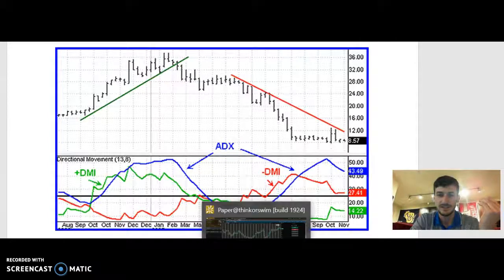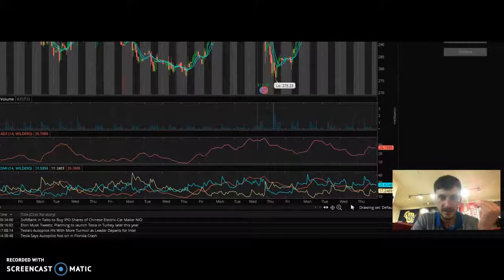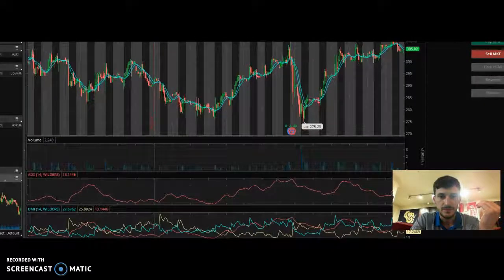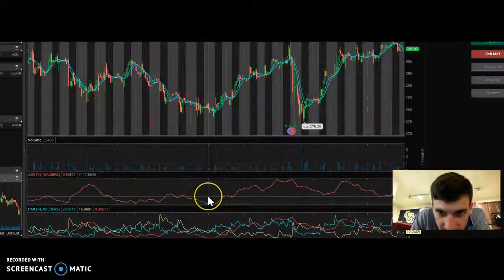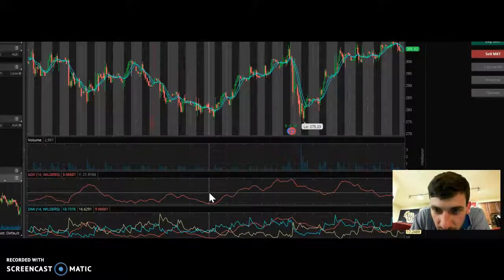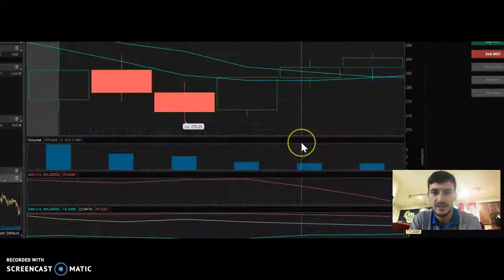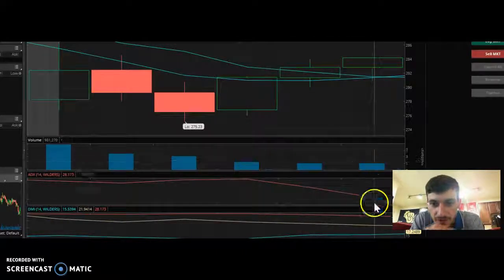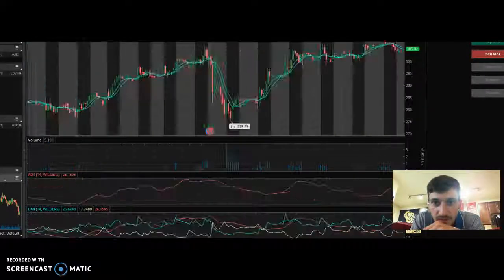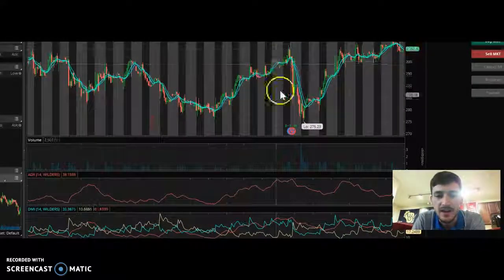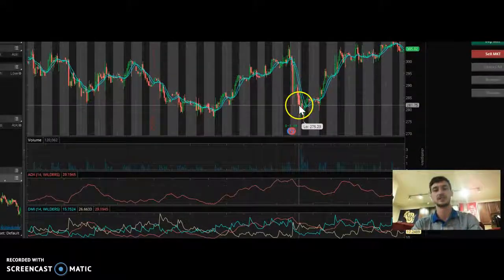I pulled up a Tesla chart, for example. Roughly right about here is where our 25 marker is. If you'll notice lately, this big thing drops off and it shoots right back up again.